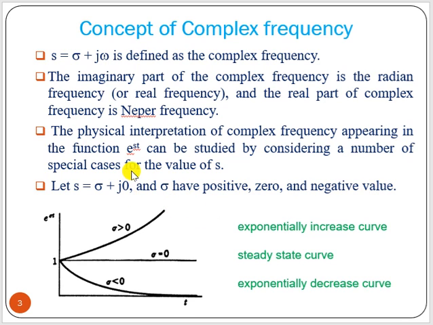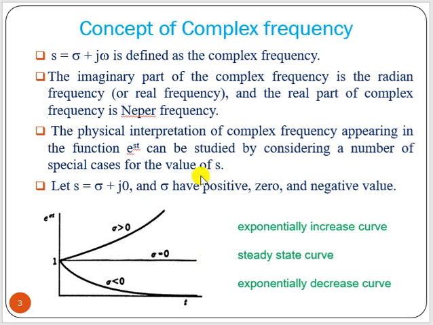Then we can write e to the power sigma t. If sigma is 0, then e to the power 0 is 1, so it is a steady state curve or a DC response.